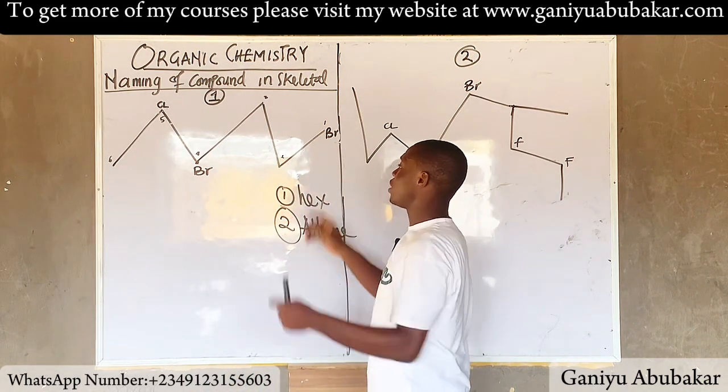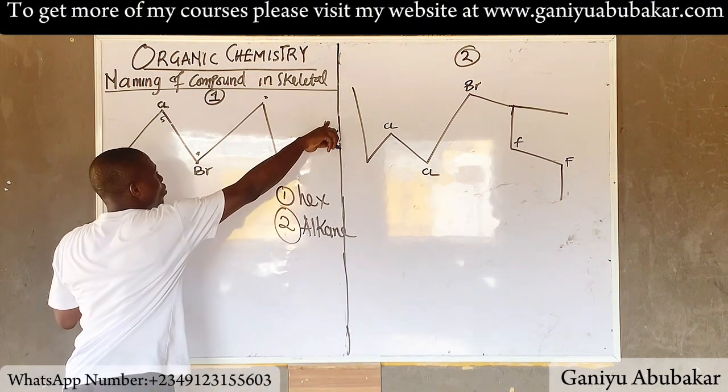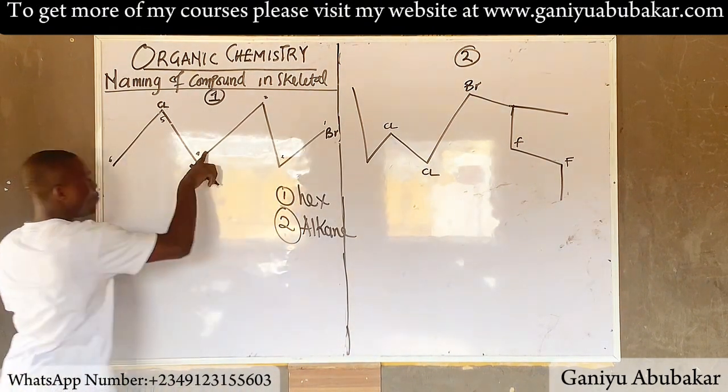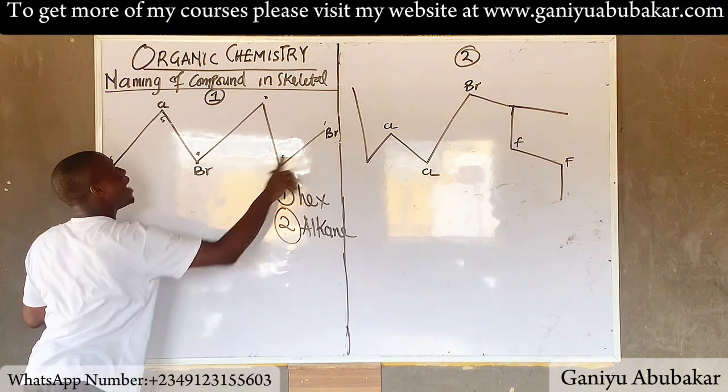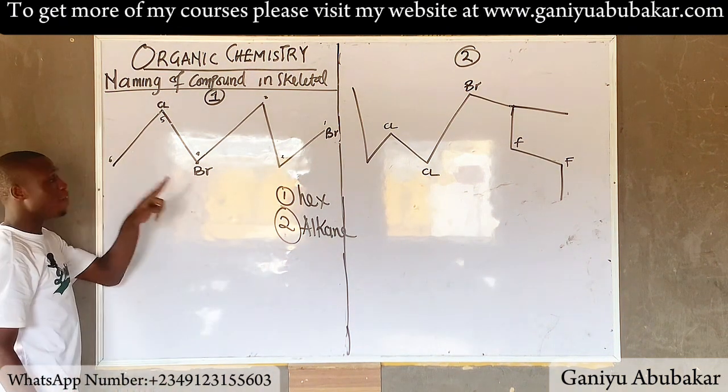So now if I want to name this compound, start with this. This is 1-bromo, 4-bromo. That becomes 1,4-dibromo. Di is 2, I have two bromines here.